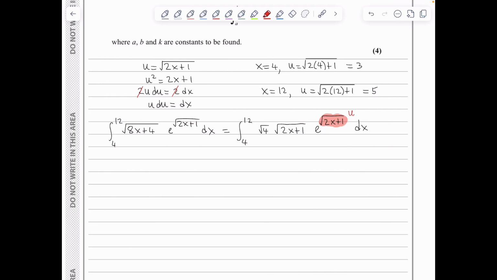I will put another u here for the root of 2x plus 1, and in the place of dx, I'm going to be putting a u du, so I can do the full translation. I will also be changing the limits. So we're looking at the integral from 3 to 5 of 2, which is the square root of 4, times u times e to the u times u du, which leads to the integral from 3 up to 5 of 2u squared e to the u du.